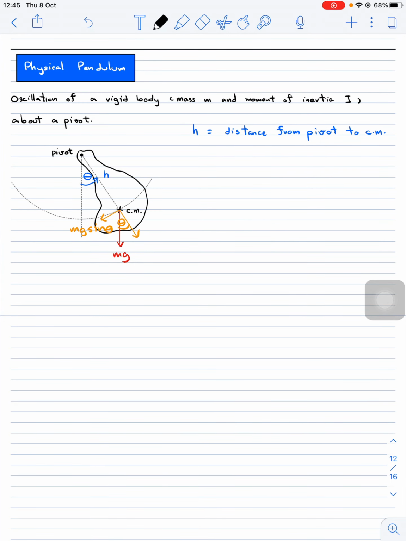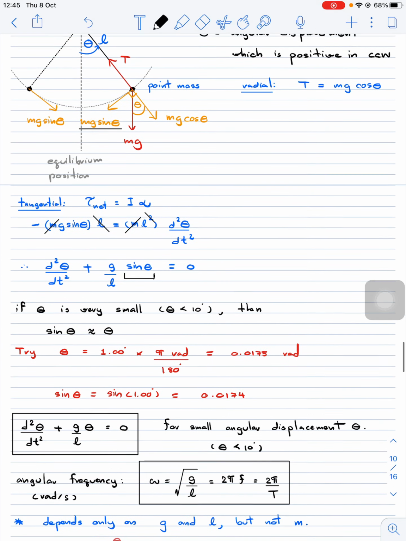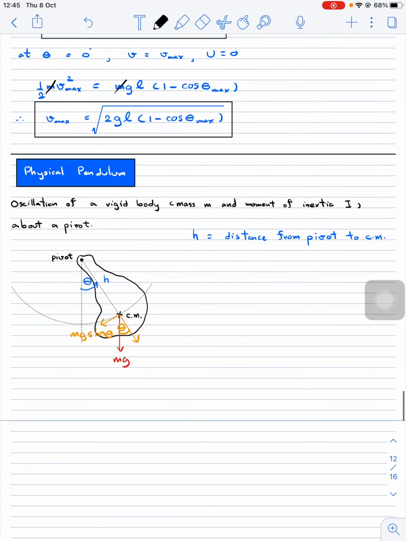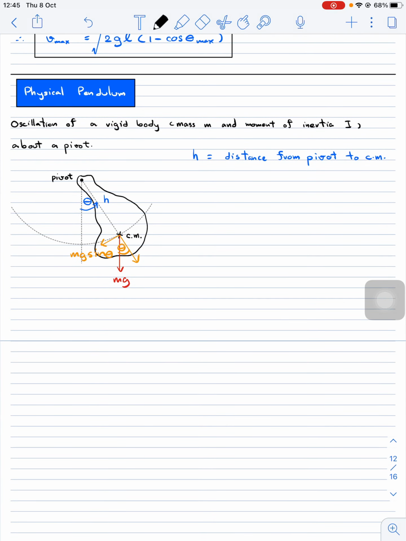So from the equation, if we consider the tangential component, the net torque is equal to I times alpha. Just keep in mind that this I is the moment of inertia of the rigid body about the pivot, not the center of mass.